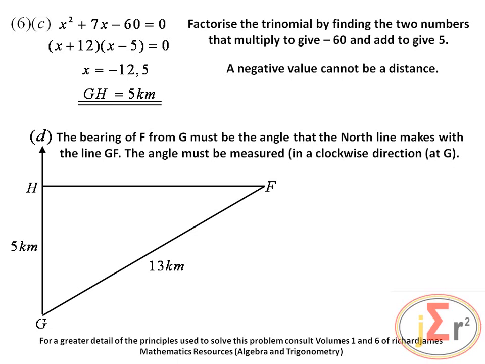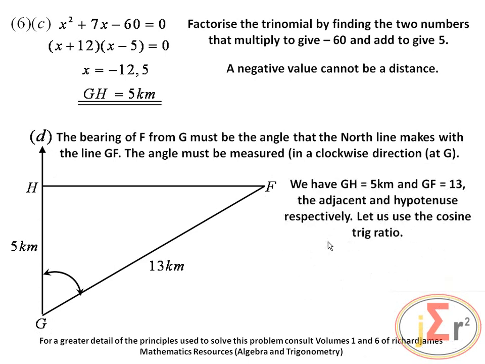So in this particular case, we are going to determine the bearing of F from G. When we say from G, it means that the angle that represents the bearing is going to be at G. And of course, a bearing is measured in a clockwise direction beginning at north. So if this is our north line, this is G, the point that we have there. So the bearing of F from G is going to be this angle that we have right there.